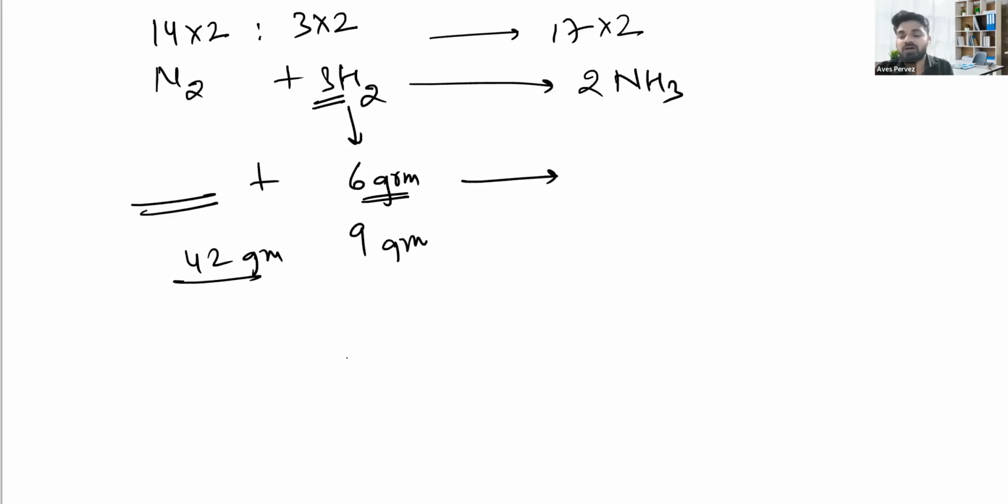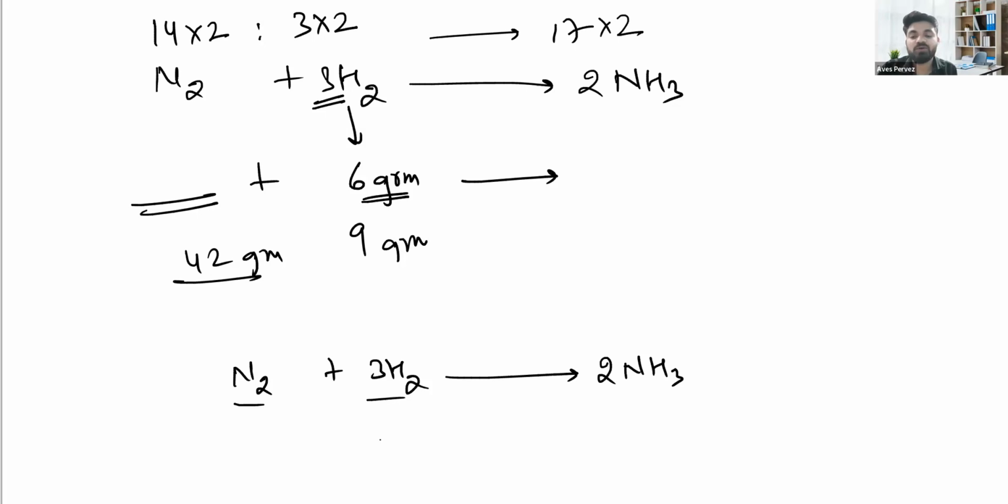Now I'm going to give you another question for the same. Then we'll solve the NCERT question. This is N2 plus 3H2 gives 2NH3, and the simplest ratio is 14:3:17.